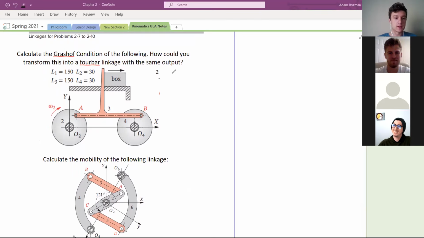Okay, I'll do this one. So Stone says, S plus L, short plus long, is 150. And then the remaining two are, again, just 30 plus 150.